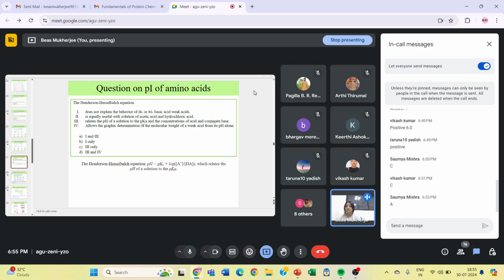It relates the pH of a solution to pKa and the concentration of acid and conjugate base. This should definitely be correct. It allows the graphic determination of the molecular weight of a weak acid from its pH alone. So which one do you think would be the right answer?